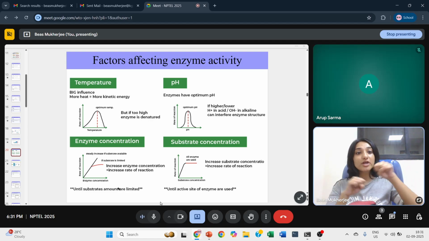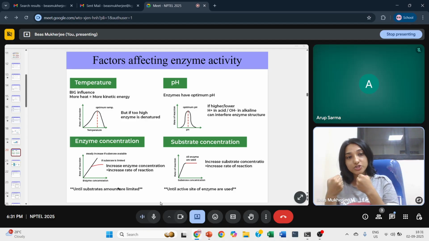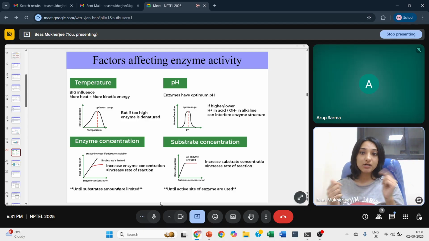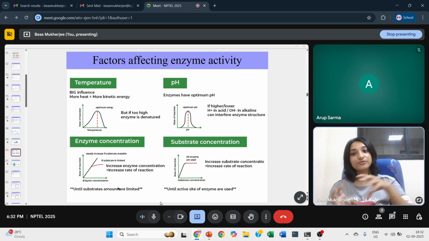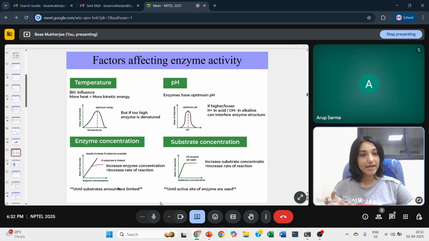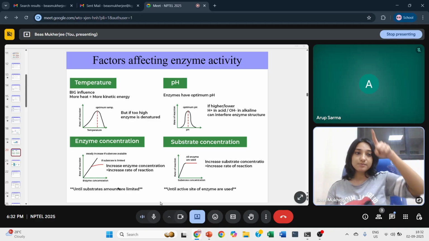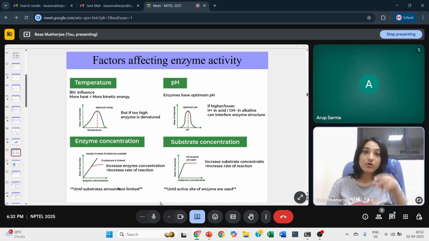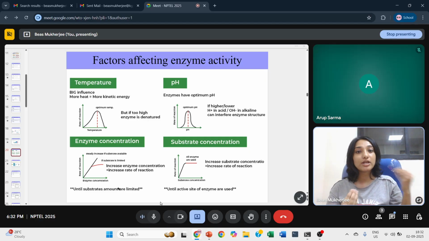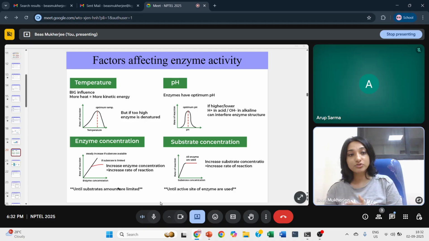More heat means more kinetic energy in the molecules, more collision and more chances of enzyme activity. But if it is too high, then it gets denatured. So if the temperature is more, then a very rapid decline happens. For pH, it is best at an optimal range. If it is higher or lower, the H plus ion concentration is more or less, and it interferes with the enzyme structure.